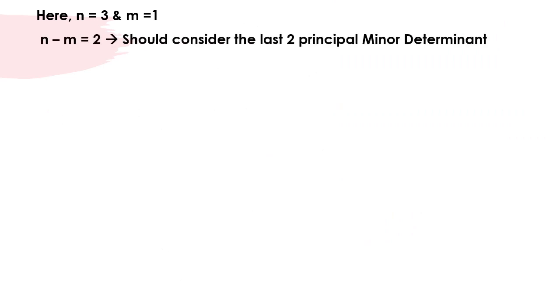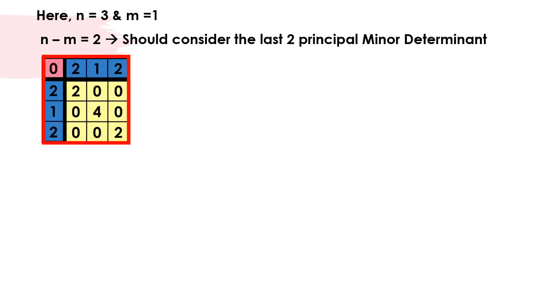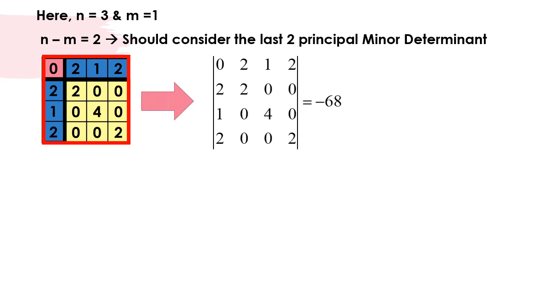So let me go for identifying the determinant for this matrix. So my n is 3, m is 1. So n minus m, I am getting 2. Which means I have to consider the last 2 principal minor determinants and identify the sign for these last 2 minor determinants. So the last one is this. Taking the determinant of this, I am getting minus 68.